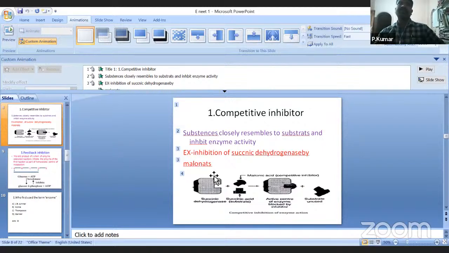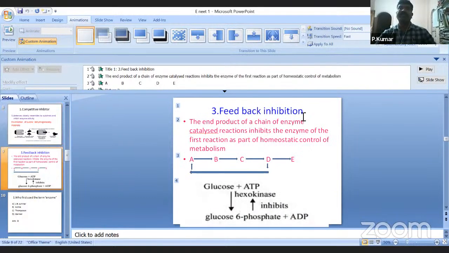At that time the enzyme and inhibitor complex can be formed, but the substrate cannot be converted into a product. Next one, feedback inhibition. The end product of a chain of enzyme-catalyzed reactions inhibits the enzyme of the first reaction, as part of homeostatic control of metabolism. So here first A to B, B to C, and then D and E.